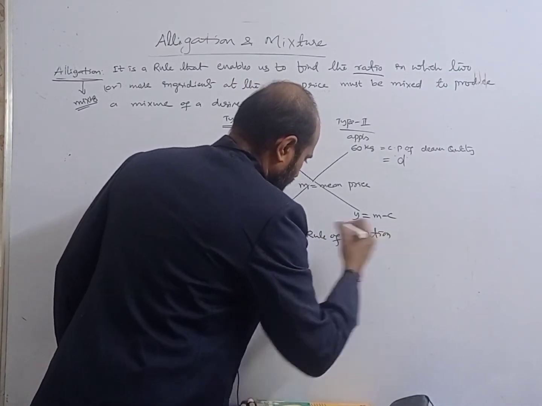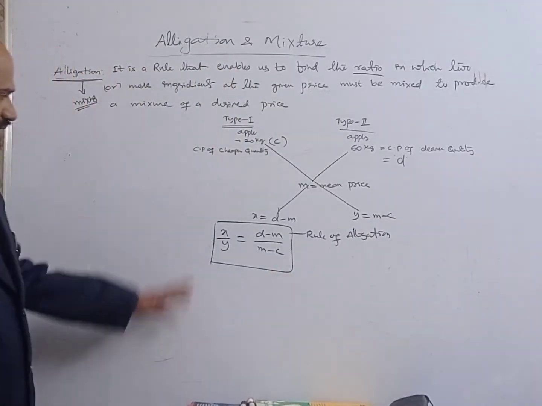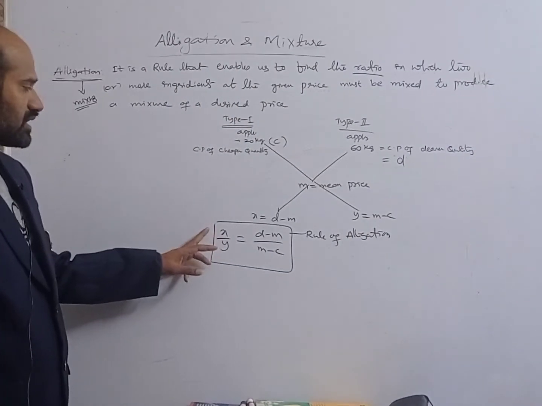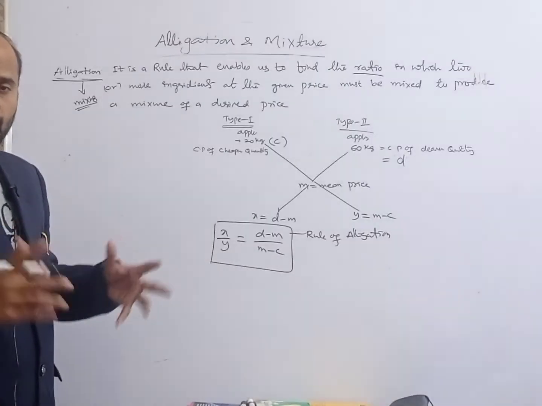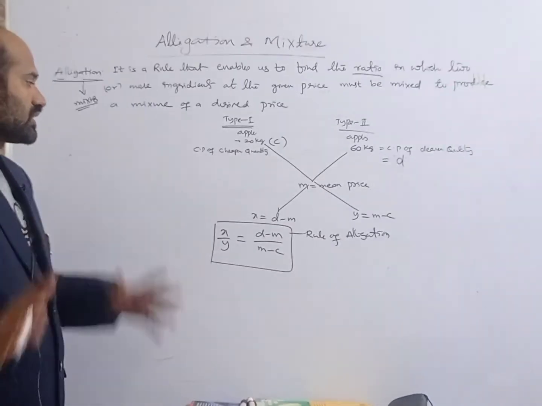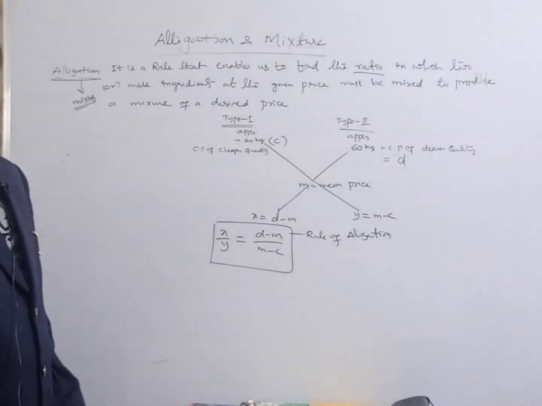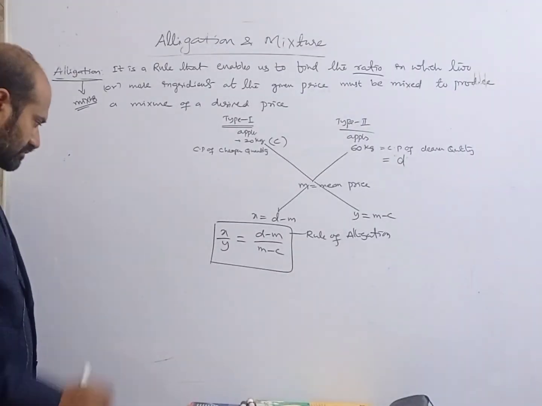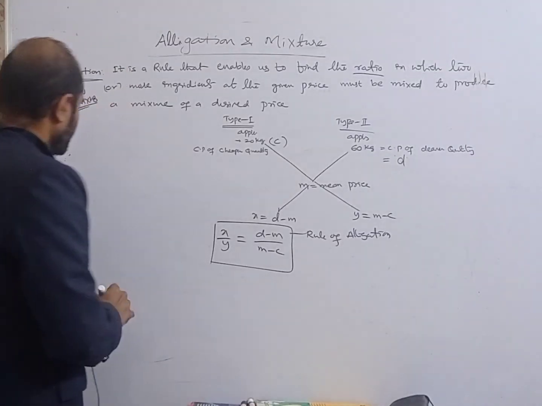By using this rule, we can find in which ratio the two quantities should be mixed to produce the desired product. This is the first formula.